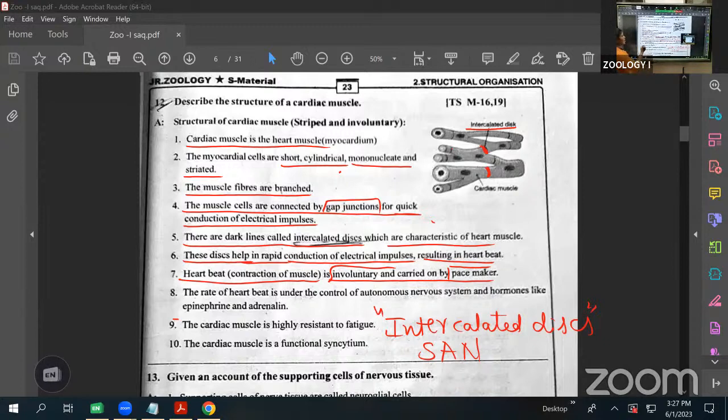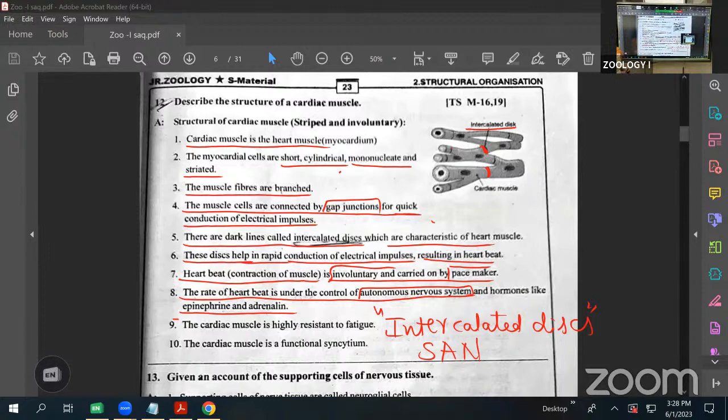Next, the rate of the heartbeat is under the control of the autonomic nervous system, which we already discussed.